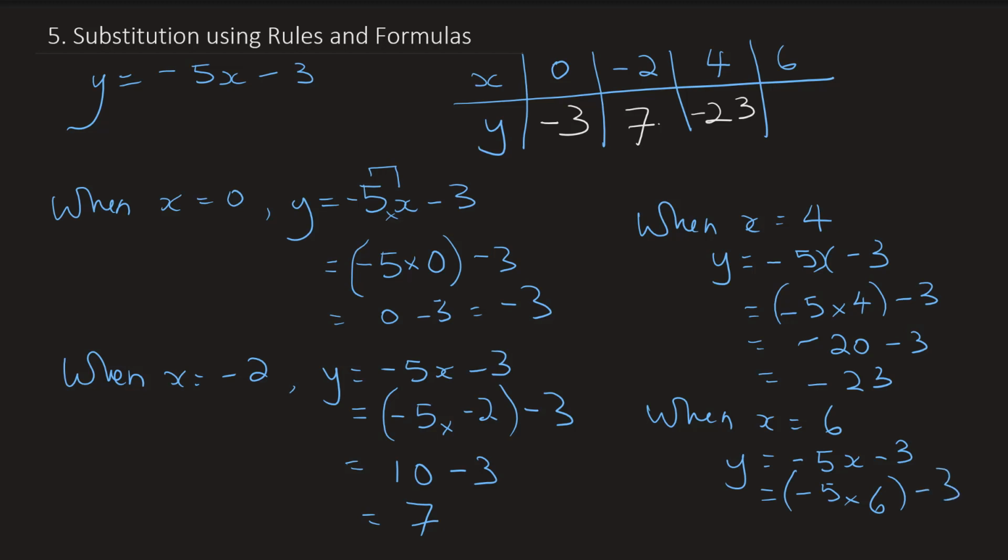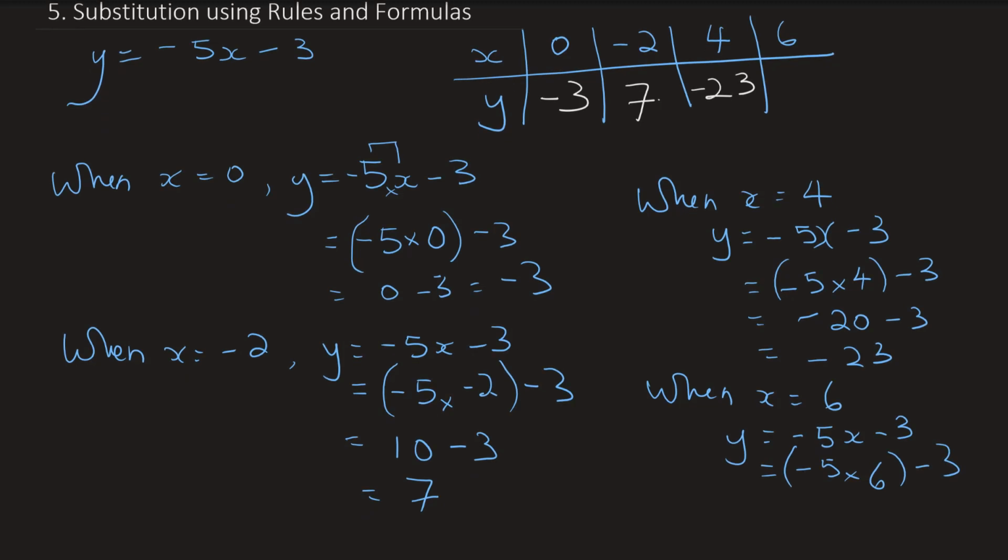That is equal to minus 30 minus 3, which is minus 33. So my answer for when x is 6 is y is minus 33.